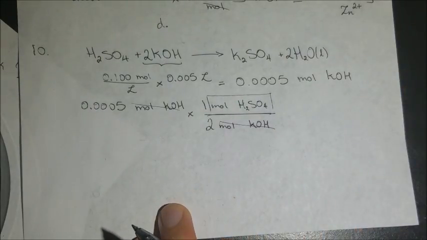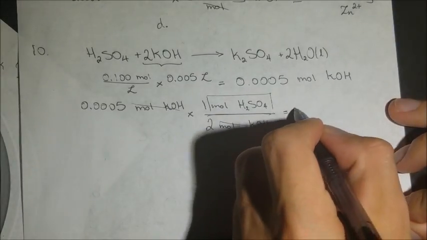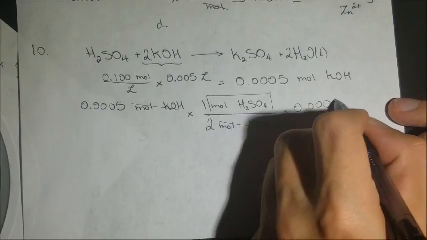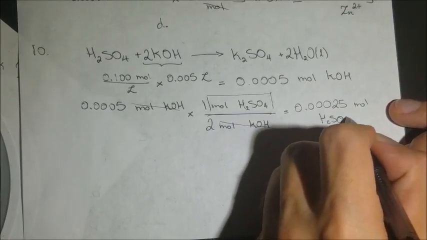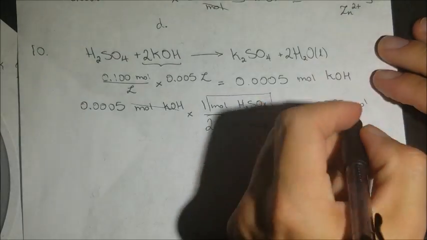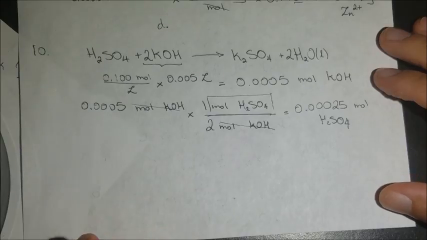So now that we have moles of H2SO4, let me go ahead and write that out. 0.00025 moles of H2SO4. Now that we have the number of moles of H2SO4, we can use the molarity equation, because all these answers are in molarity. We can use the molarity equation to tell us what the concentration was.